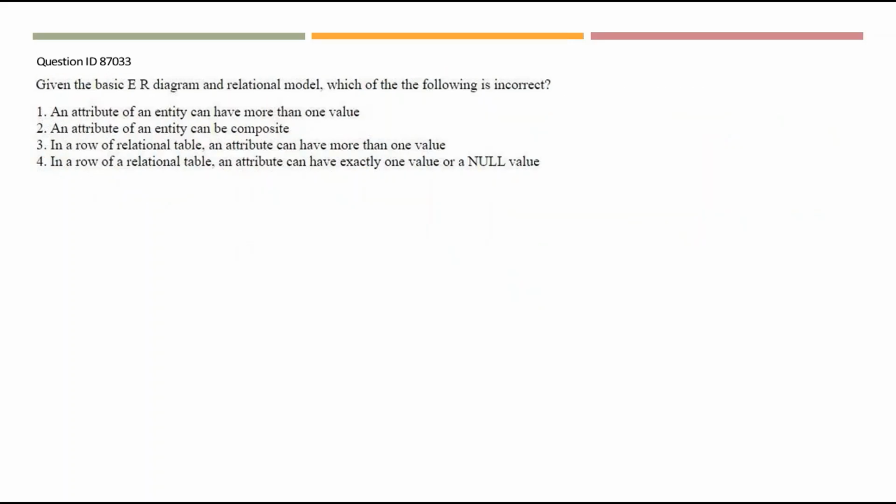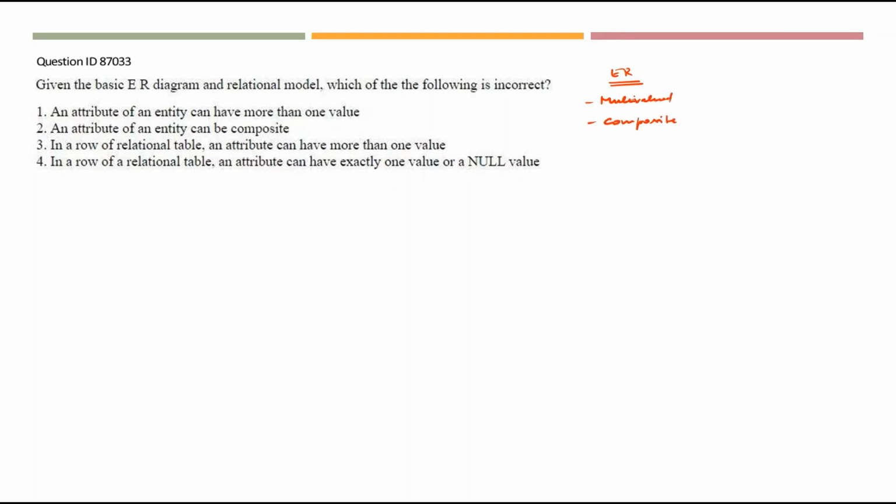Next question. Given the basic ER diagram and relational model, which of the following is incorrect? An ER diagram can have entities, relationships, and attributes, which will be represented using many symbols. In this case, ER attributes can be multi-valued. ER attributes can be composite.